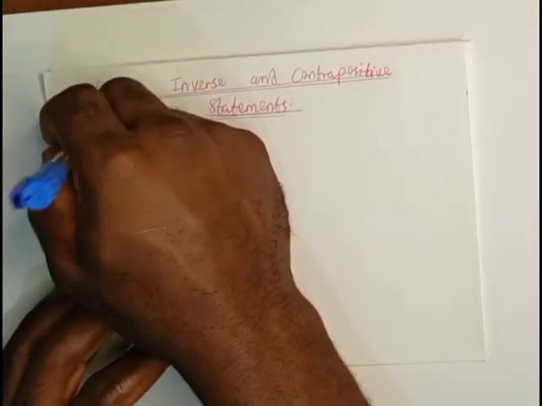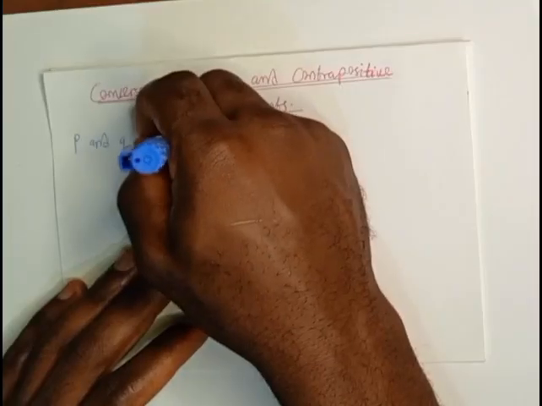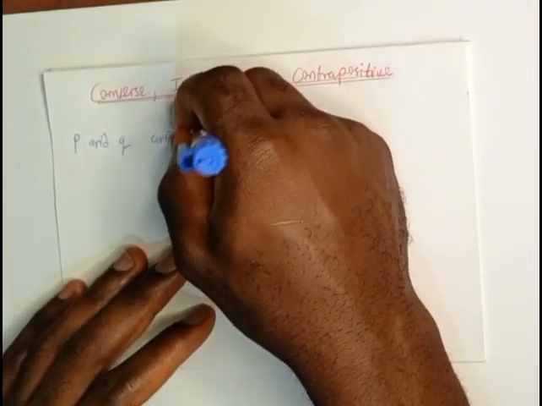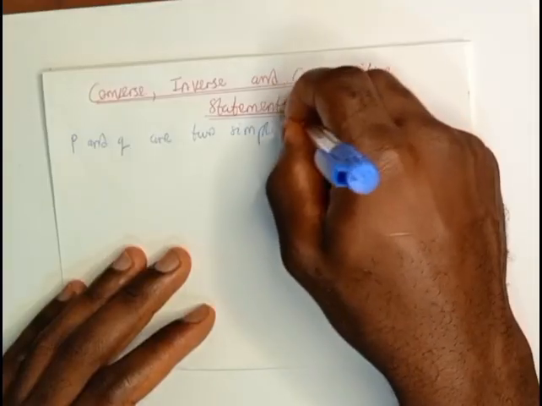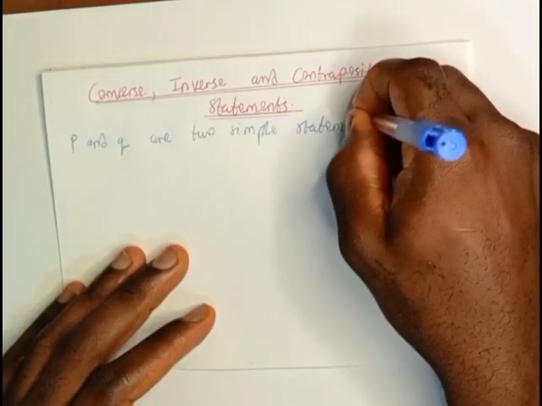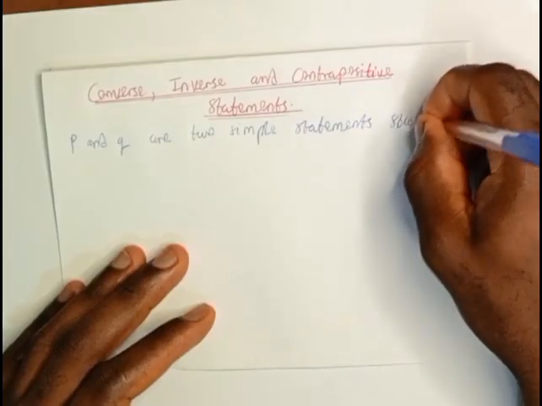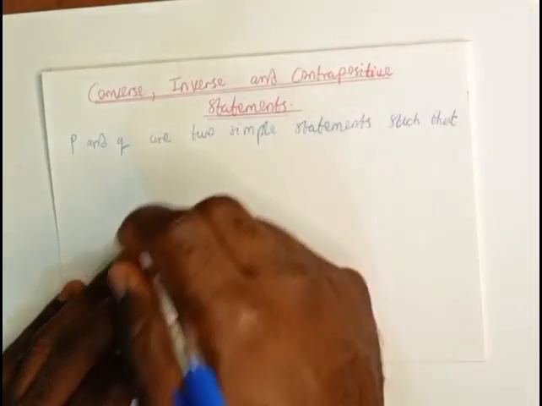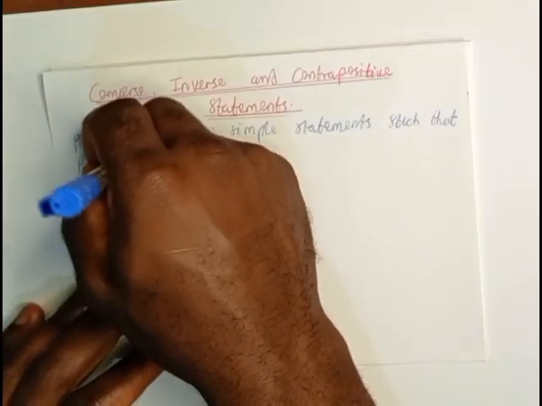We take this down. P and Q are two simple statements such that P implies Q.